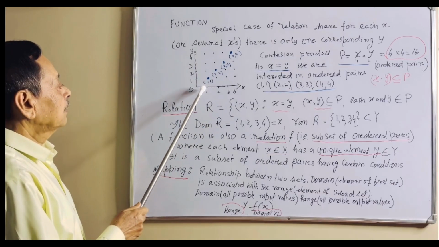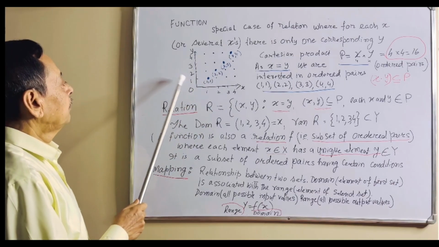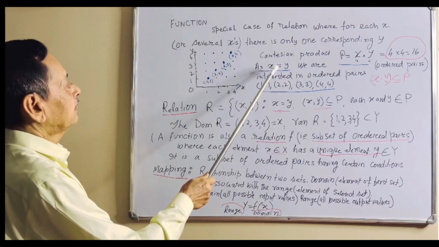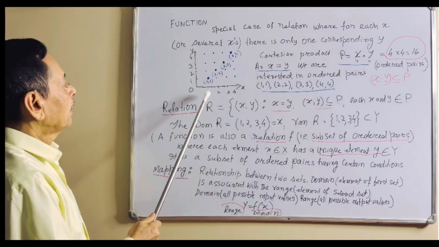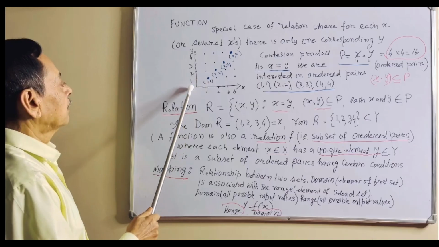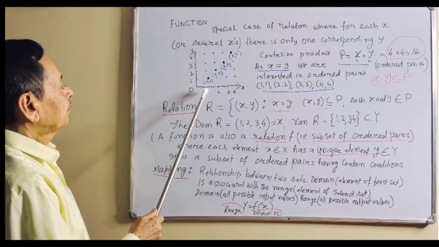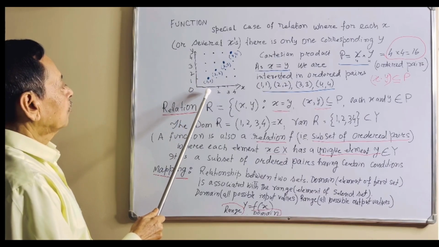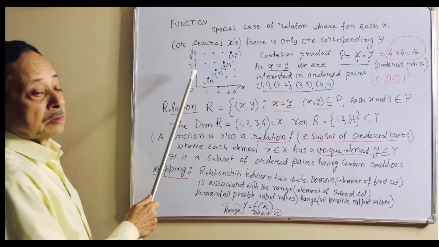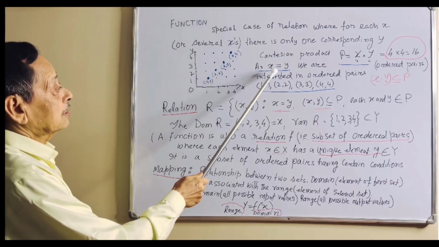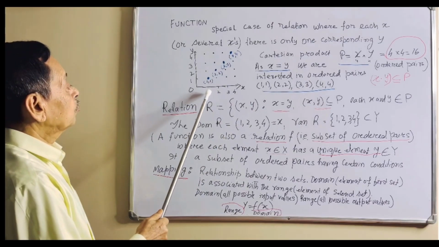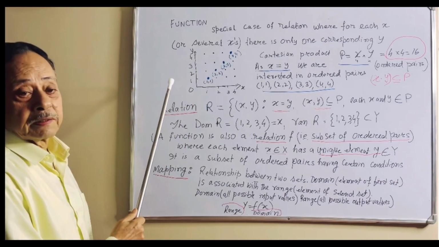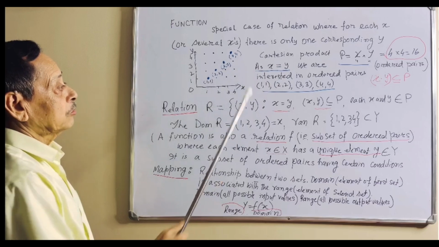With 1, it is (1, 1), because x is equal to y. (1, 2) will be rejected because they should be equal. If x is 1, y should also be 1. This is the meaning of x is equal to y.